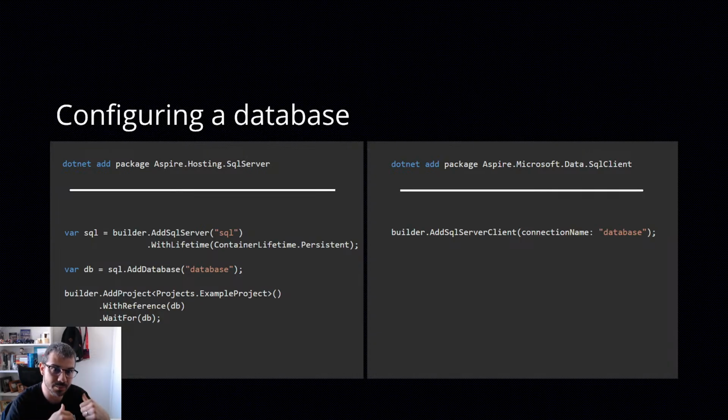So since .NET Aspire 9.2, they are adding a specific extension method for that, where you're allowed to pass a SQL script, or directly an interpolated string, where you can create the database or do another thing if you want. But at the same time, if you use some SQL migrations with Entity Framework Core or something like that, you can handle it in a different way. In fact, in the example that you are going to see later on, I am not using anything from Aspire 9.2 in that sense.